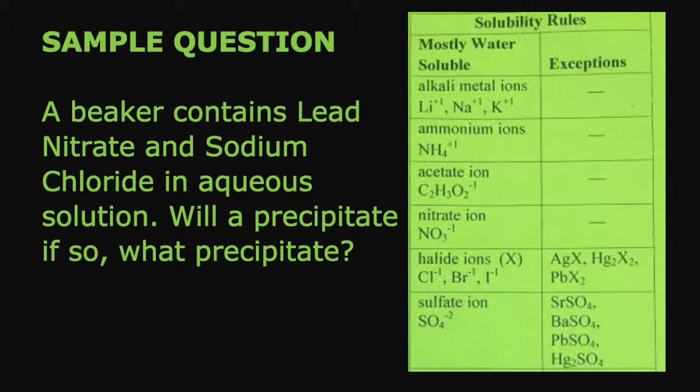But when in aqueous solution, the sodium chloride and the lead nitrate dissociate, and then the lead from the lead nitrate will bond with the chloride from the sodium chloride, which, by reading the solubility rules table, you can see is an exception. So that means that that compound will be a precipitate in the beaker.